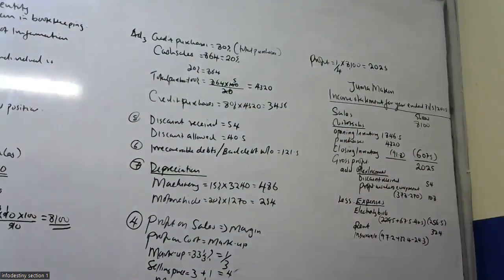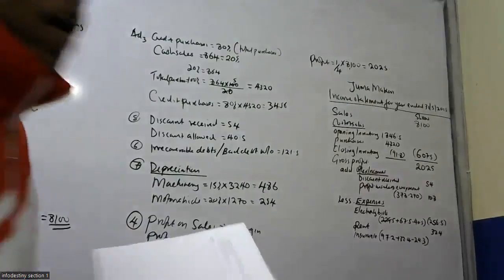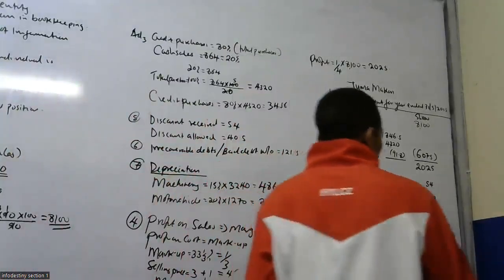That is 97.2 plus 32.4 minus 24.3 to give us 105.3. That is insurance.